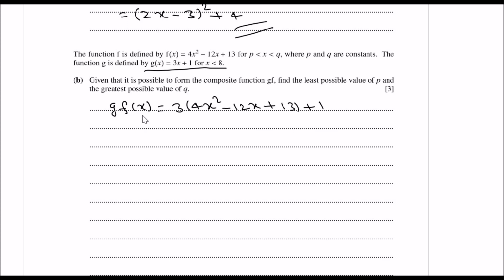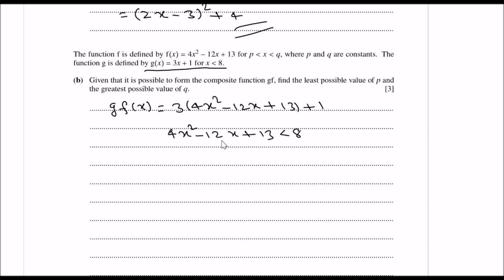That means the f(x) output should be less than 8. Okay, then only it is possible to have gf(x). So what it means is that 4x² − 12x + 13 must be less than 8.